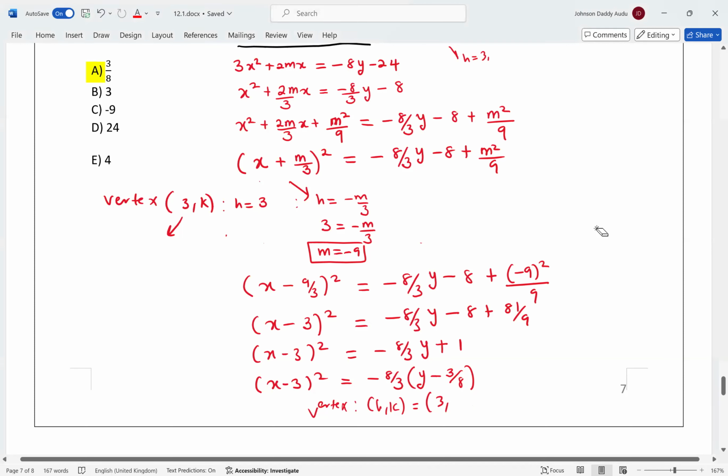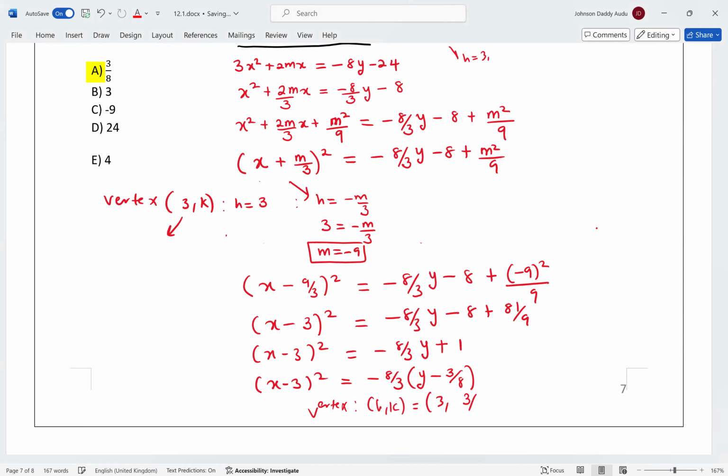So the vertex here is 3 over 8, and that is the value for k.